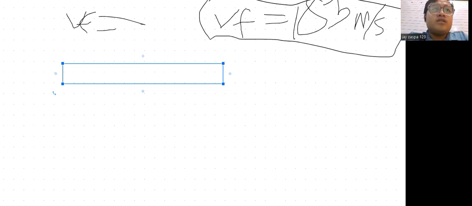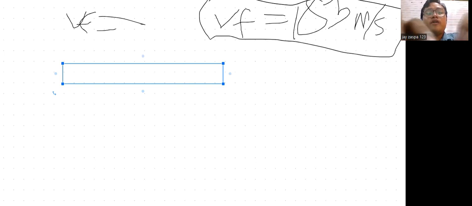Okay. What is the total time of the car that traveled 30 meter per second in its initial velocity, and with the 40 meter per second for the final velocity? So you are asked to get the time.